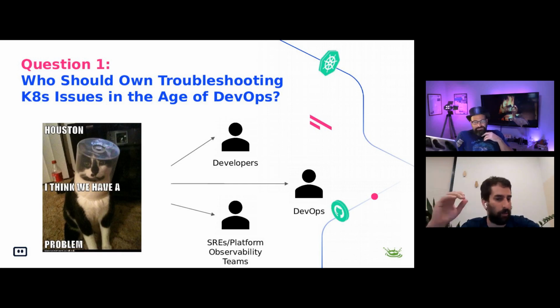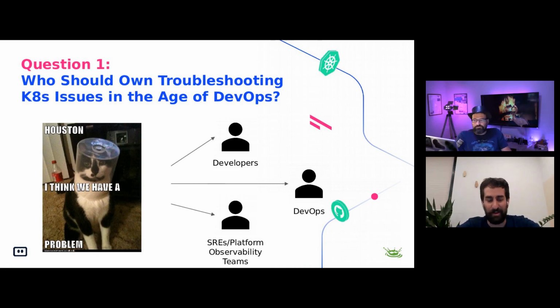Let's say we are a cloud native startup or company, everything is in Kubernetes, we are fully CI/CD, we are like an elite performer in DevOps and in the agility of our developers. And now the question rises: who should own troubleshooting? In the middle of the night, who should my PagerDuty call? Is it the developer? Is it the DevOps? Do I really need DevOps?